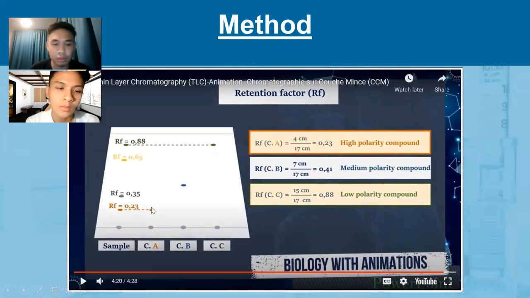We want to determine which compounds are present in the sample. So we already know that compound A and compound C are present in the sample.